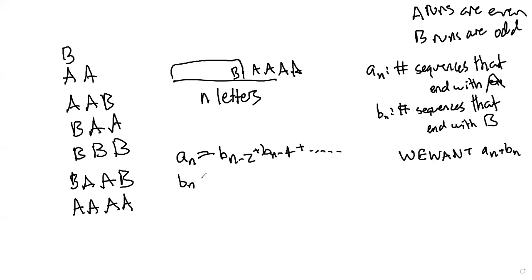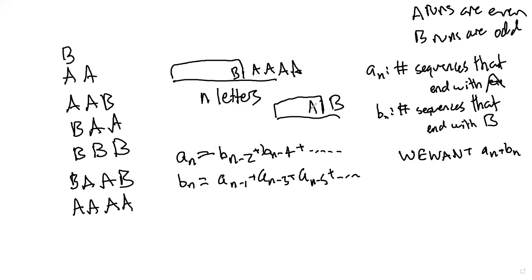So now we have this equation. I'll leave how I got this as an exercise, but actually, I'll just explain it. We can end with 1 B, and then the rest of it has to be a sequence that ends with A. We could also end with 3 B's, 5 B's, and so on.